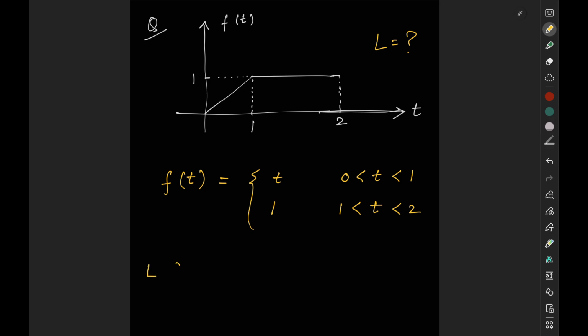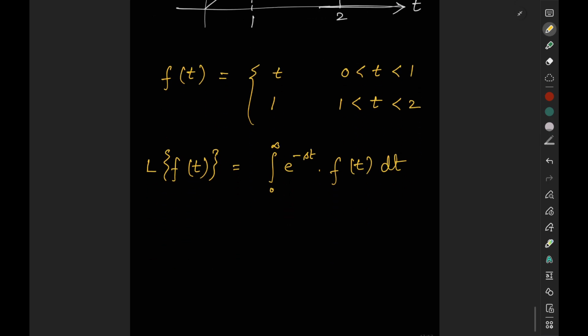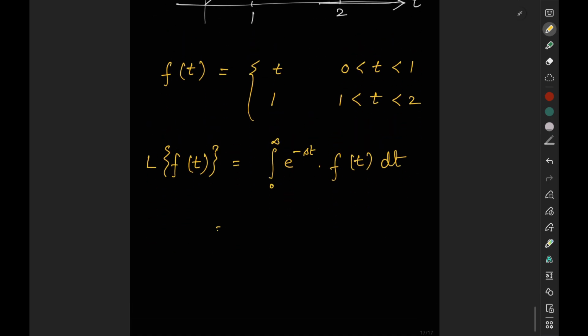Now the Laplace of f of t will be equal to integration from 0 to infinity e to the power minus st into f of t dt. This will be equal to integration from 0 to 1 e to the power minus st into t dt plus integration from 1 to 2 e to the power minus st into 1 dt.